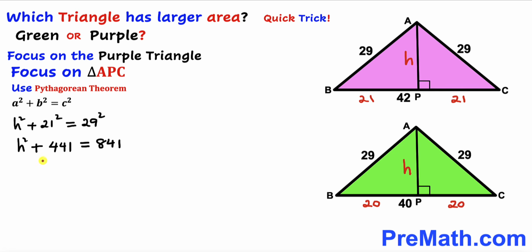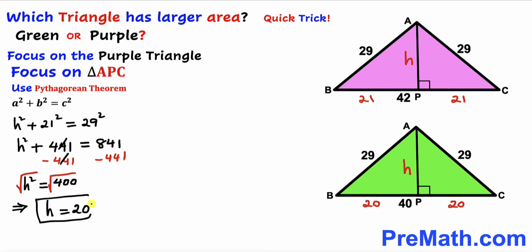Now I'm going to subtract 441 from both sides. And here we can see this is gone. So h square simply turns out to be equal to 400. Now I'm going to undo this square by taking the square root on both sides. So our lowercase h value turns out to be 20 units.